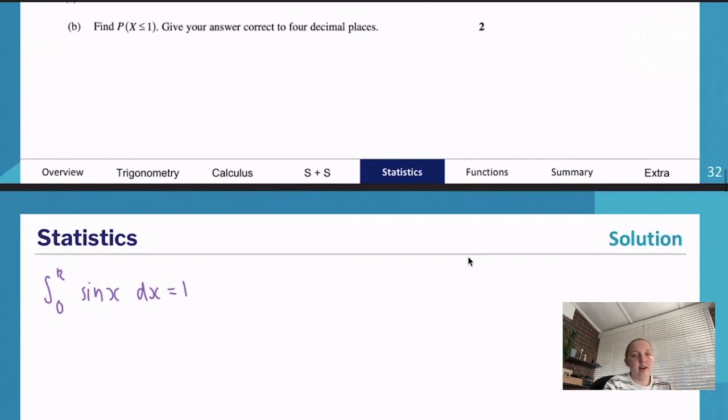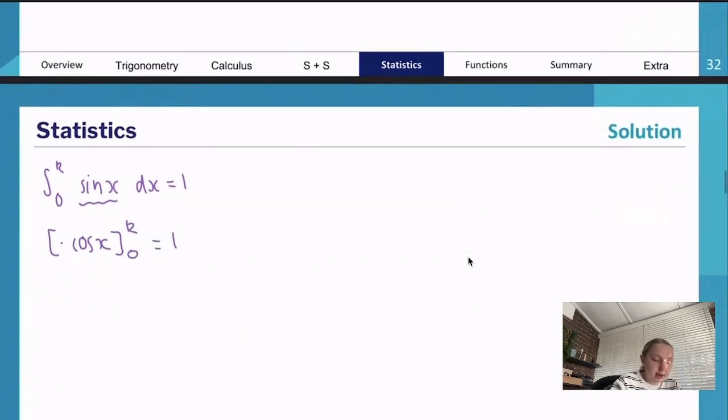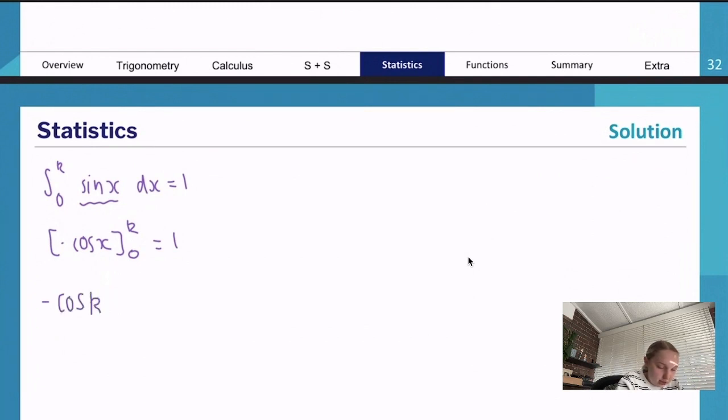Then our pretty simple integration: the integral of sine x is negative cos x, between k and 0, equal to 1. Then we just do how we would for any other integration. The reason that this is plus is because we've got a negative here and then we're minusing the second term, so we change that to a plus.